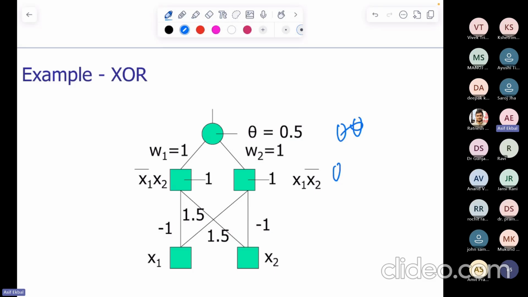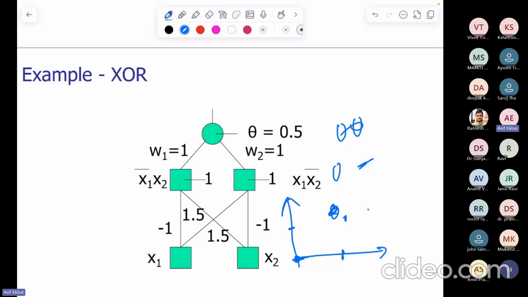So let me show what I mean. Yes, so you have 0 0. Let's say 0 0 is this kind of point. Then 0 1 maybe here, then 1 0 maybe here, and 1 1 maybe at this point.